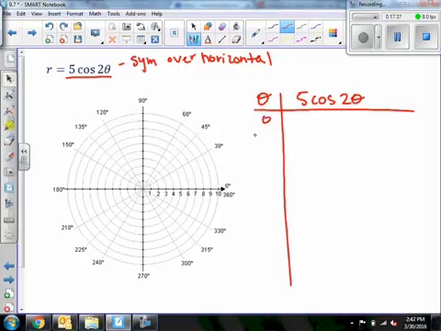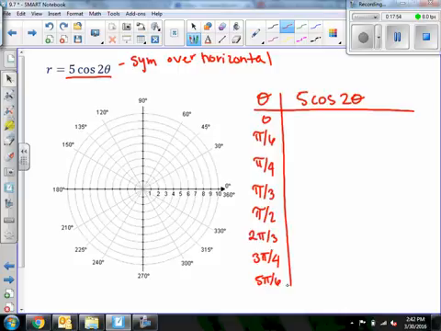Alright, so starting 0, pi/6, pi/4, pi/3, pi/2. We'll at least go to pi. 2 pi/3, 3 pi/4, and 5 pi/6, and then pi. Let's see where that gets us.